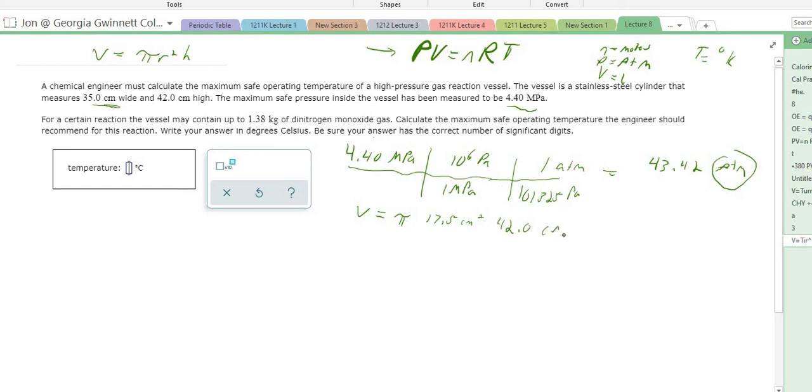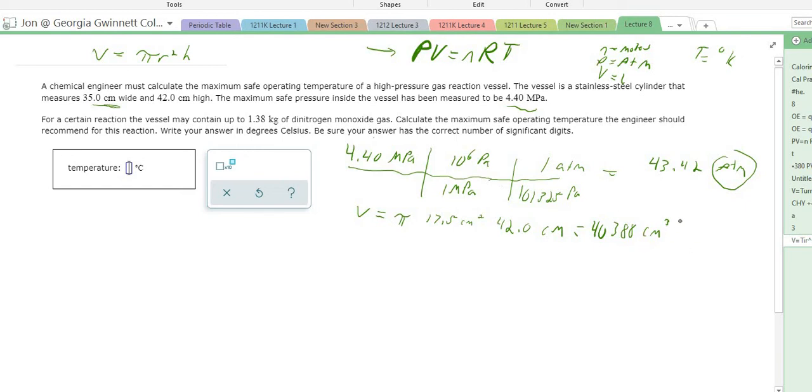42.0 centimeters. Let me do that math on my calculator. 3.14 times 17.5 squared times 42 equals 40388 centimeters cubed, which is the same as milliliters, since a centimeter cubed is a milliliter.